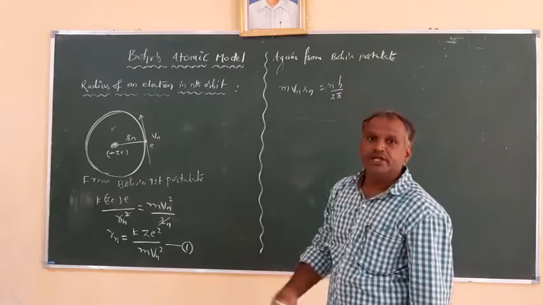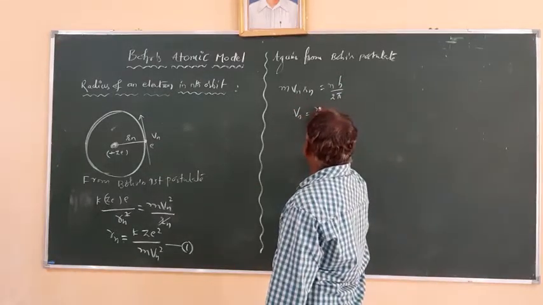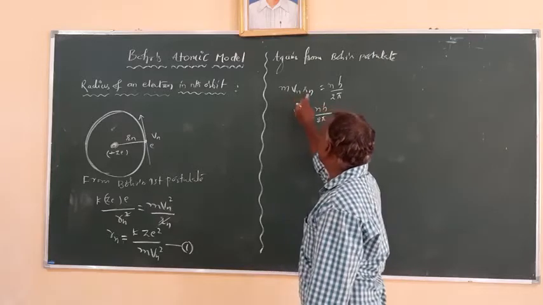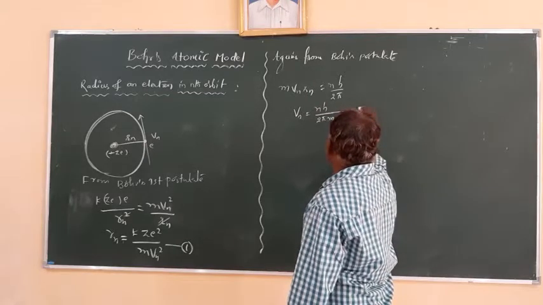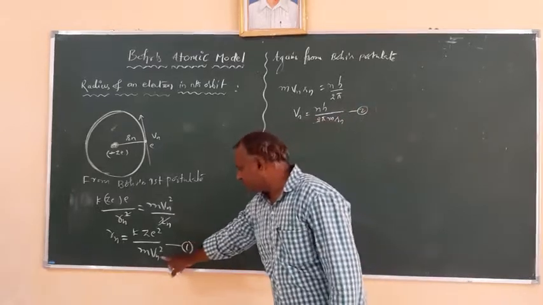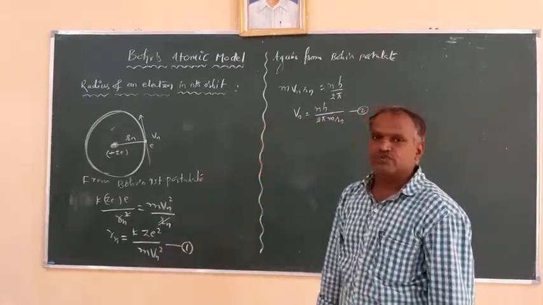From this, write the equation for Vn. So Vn is equal to nh upon 2 pi m Rn. Make this the second equation. Now put the second equation into the first equation in place of Vn. You can eliminate Vn and get the equation for Rn.